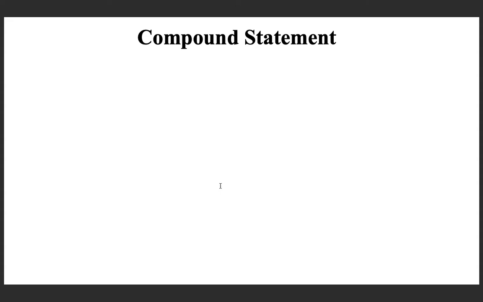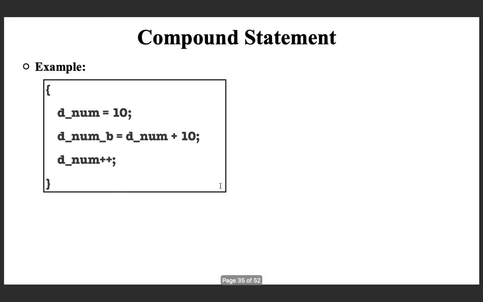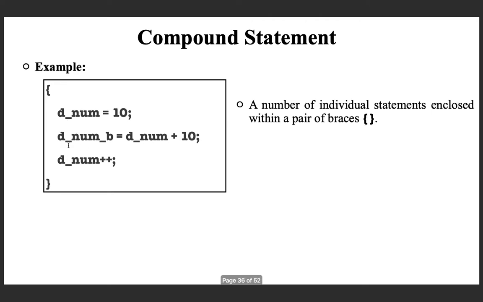Now we are coming to what are called compound statements. Let us look at an example. It is nothing but a sequencing given within curly braces. So it could be any number of statements. A number of individual statements, in this case 3 simple statements, are enclosed within these curly braces.